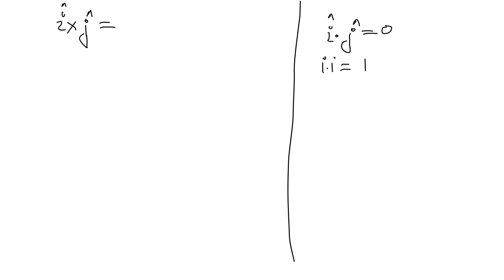So when you have two different vectors, their dot product is equal to 0. When you have the same vectors, their dot product is equal to 1.